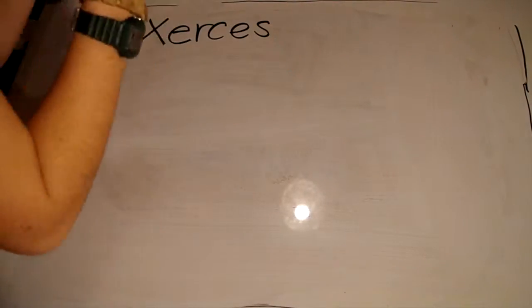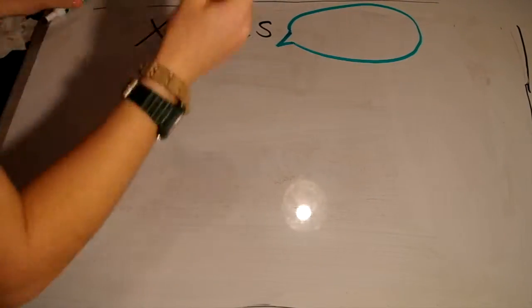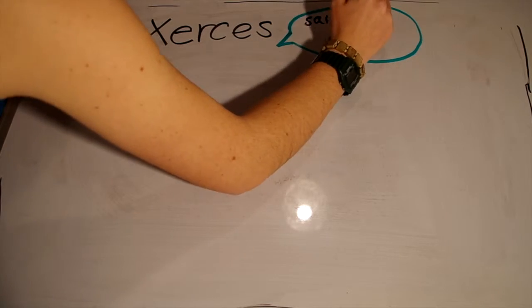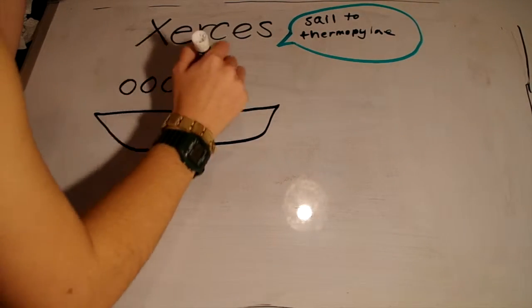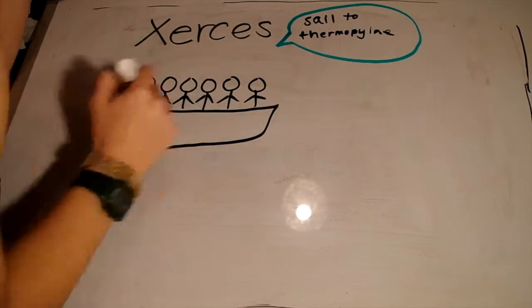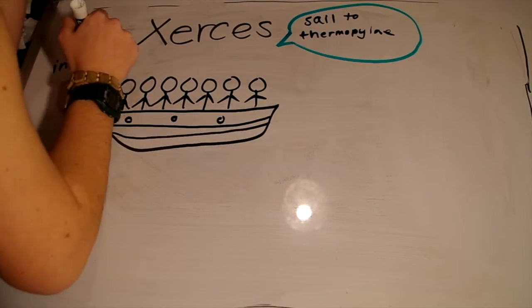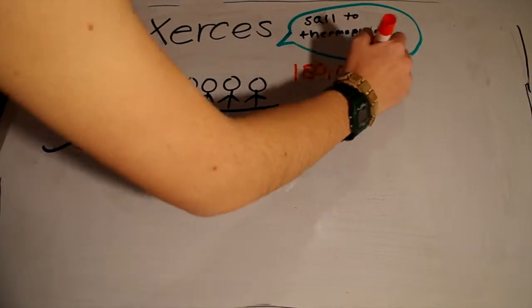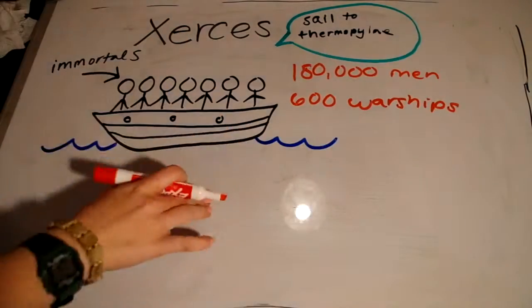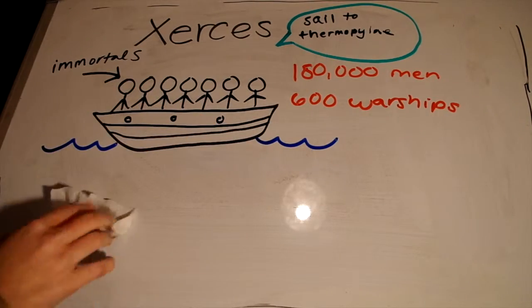10 years after losing at Marathon, Xerxes, Darius' son, sent his best troops, called the Immortals, to invade Greece by land and sea. Xerxes had an army of 180,000 men and 600 warships. This would be the first battle Spartans took part in.